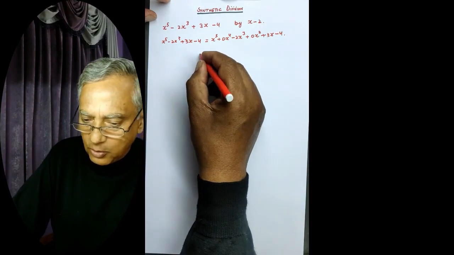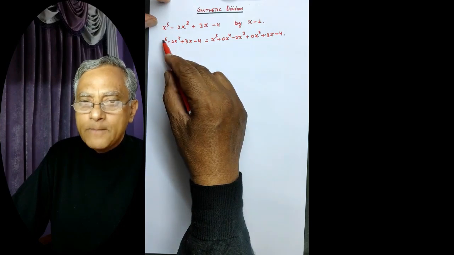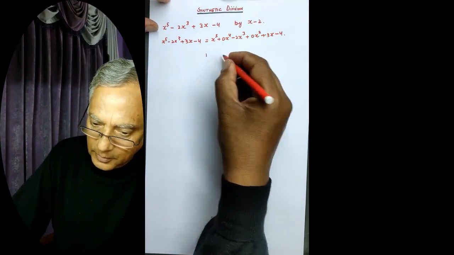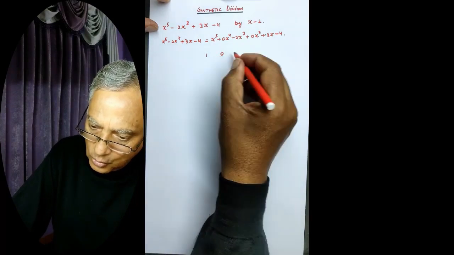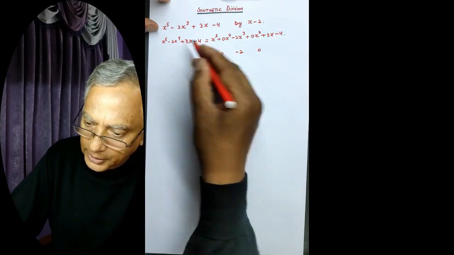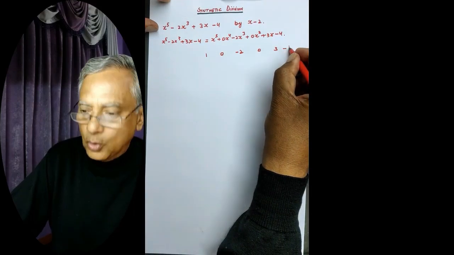And now from here write the coefficients of all powers of x. So the coefficients are 1. Now x^4 is 0. x cube is minus 2. x square is 0. x is 3. And the constant term is minus 4.